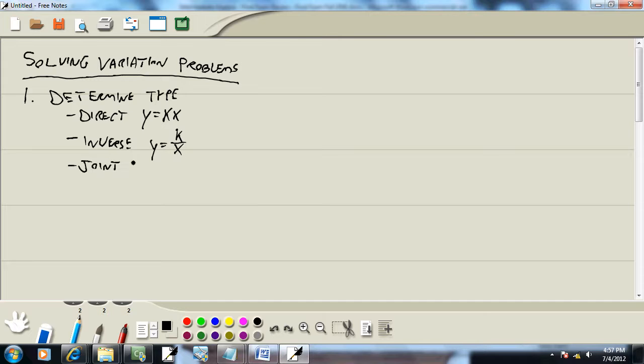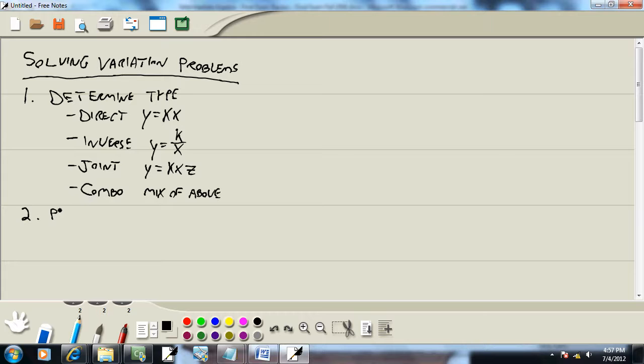There's a joint variation problem type, which is y is equal to kxz. We have a couple of variables, maybe 2 or 3. And then you have a combo, which is a mix of the above. There is no general way that looks. You just, as you read it, you've got to write it down.